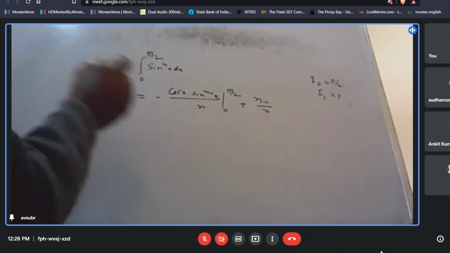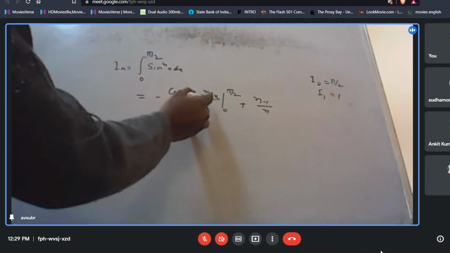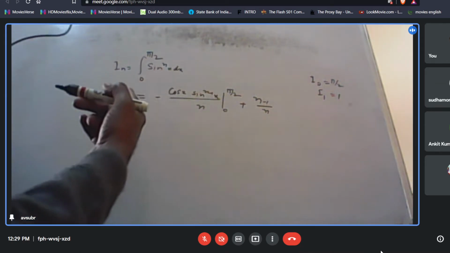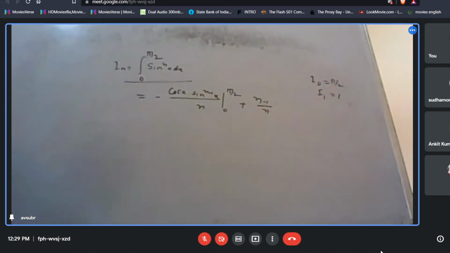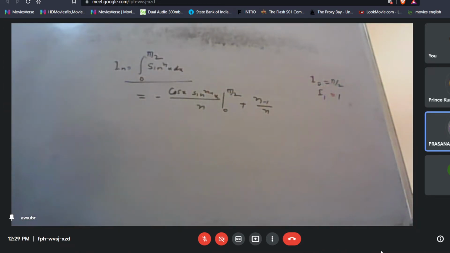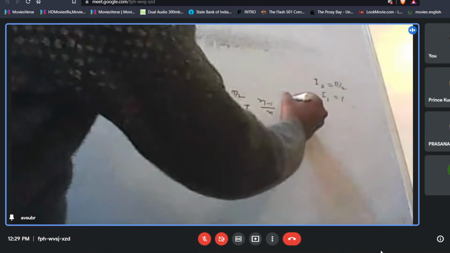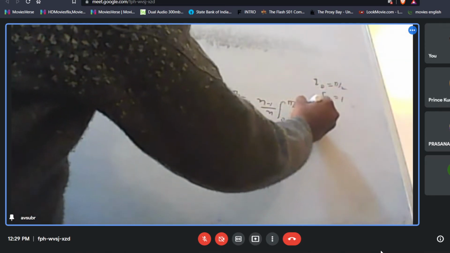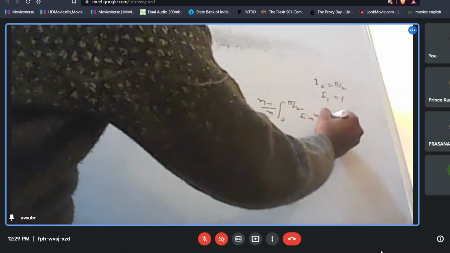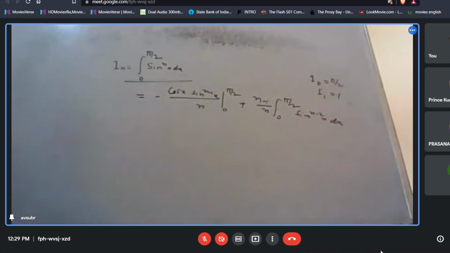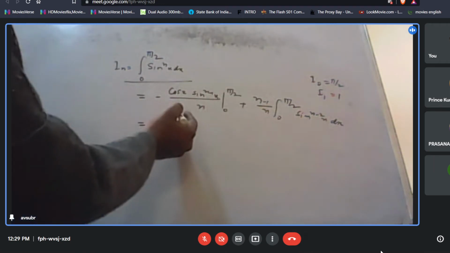We know this formula, we just now found out the reduction formula for this. Yes, sir. So I am putting it here: n minus 1 by n, integral from 0 to pi by 2 of sine to the power n minus 2 x dx. This is what we are going to get here.